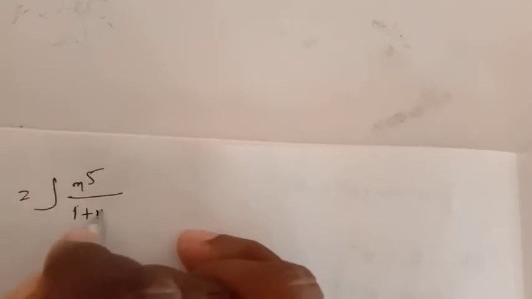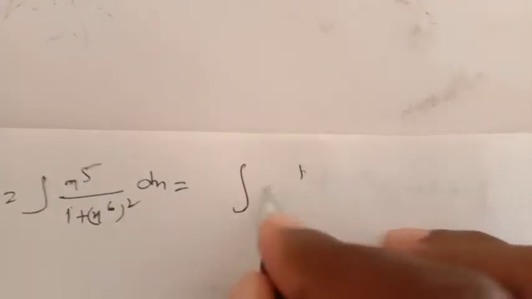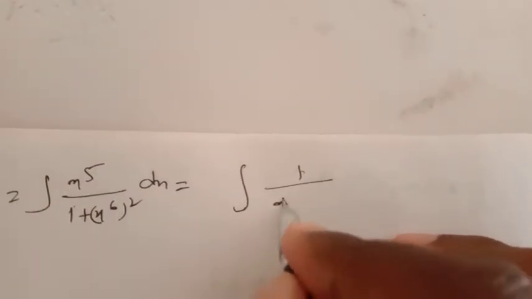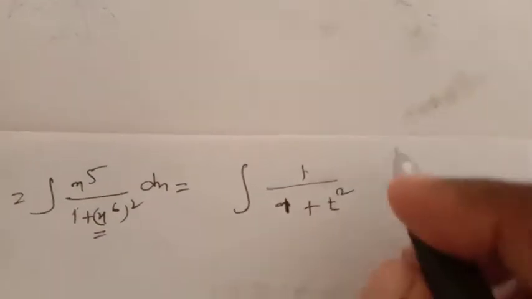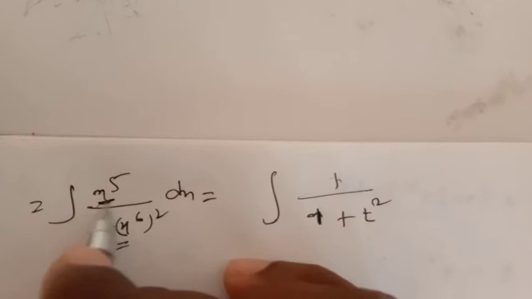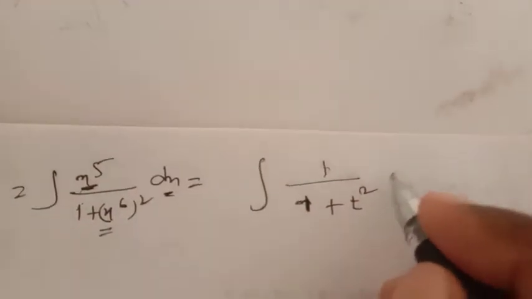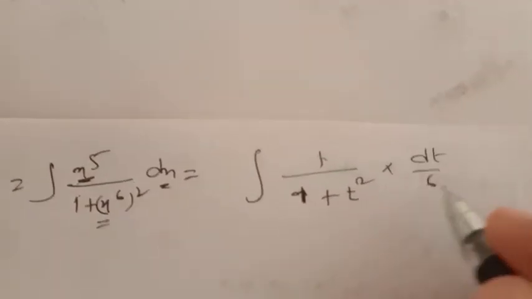Here substitute these values in the given problem, that is x to the power of 5 by 1 plus x to the power of 6 whole square into dx, that equal to 1 by 1 plus t square into x to the power of 5 dx, where x to the power of 5 dx equal to dt by 6.